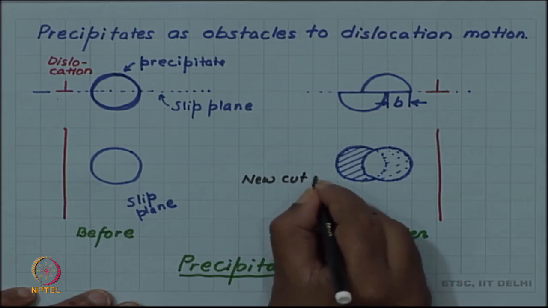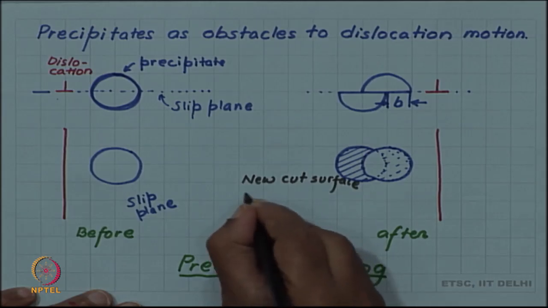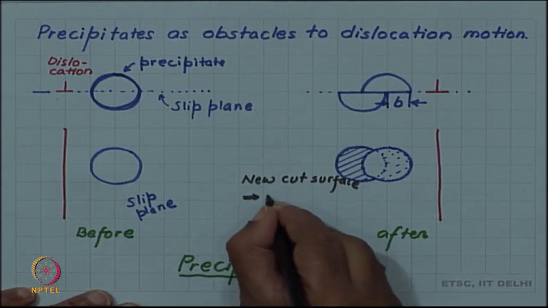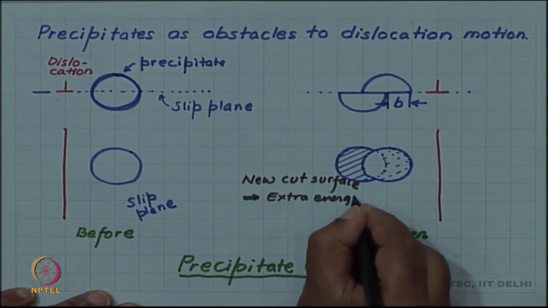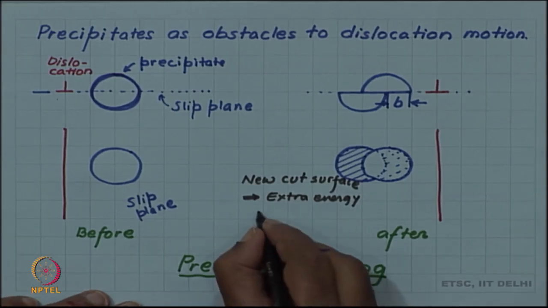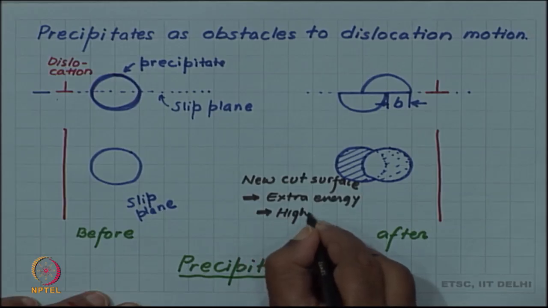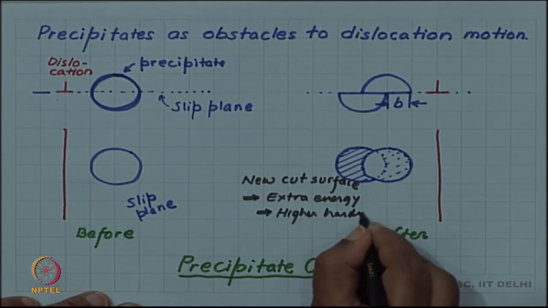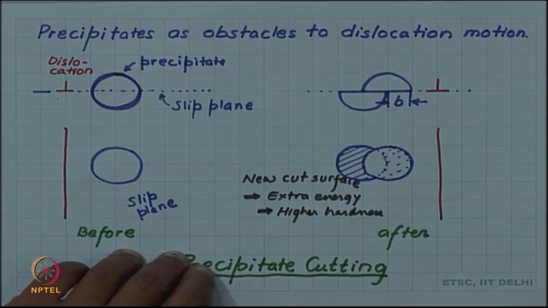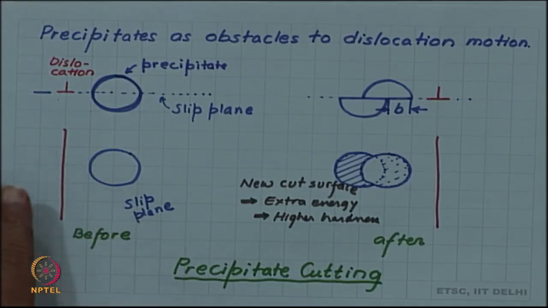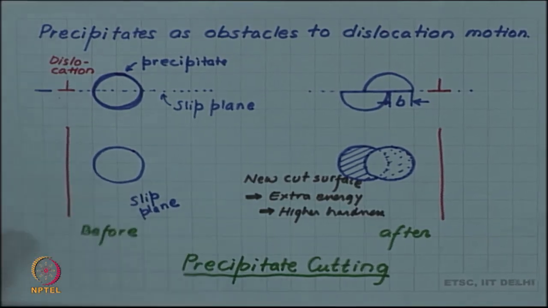So, new cut surface implies extra energy, which means higher hardening. This happens in the initial part of the precipitation hardening when precipitates are fine and coherent.